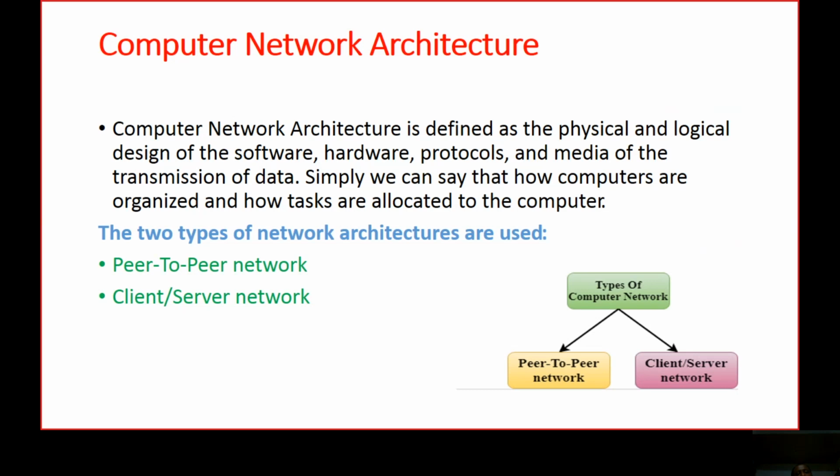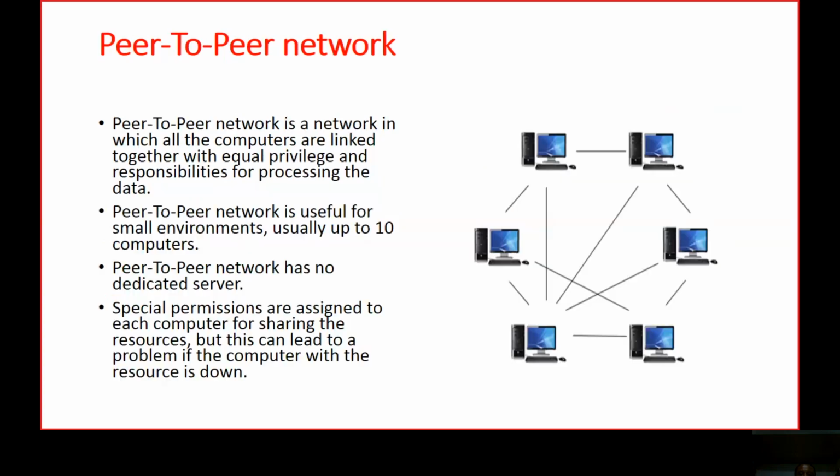Peer-to-peer network is a network in which all computers are linked together with equal privilege, equal rights and responsibilities for processing the data. So they have the same rights and privileges to process the data. No one is above another one.